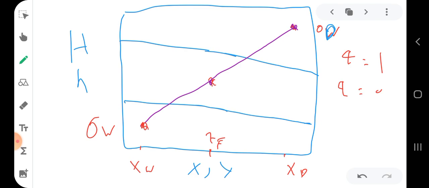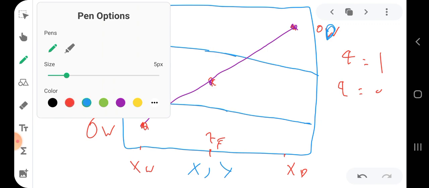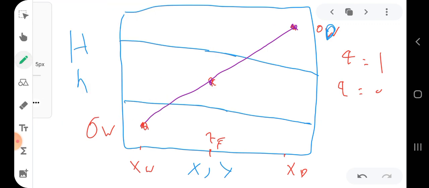Okay, so now how we can start the solution for this type of problems. To start the solution, first we need to start from the distillate point. Where is the distillate point? It is here.